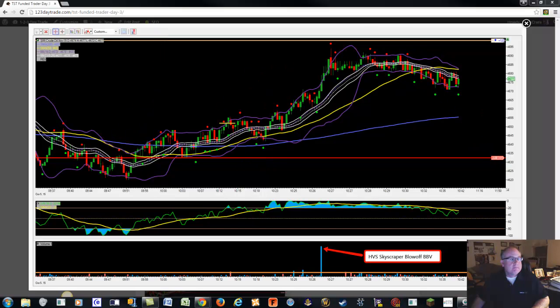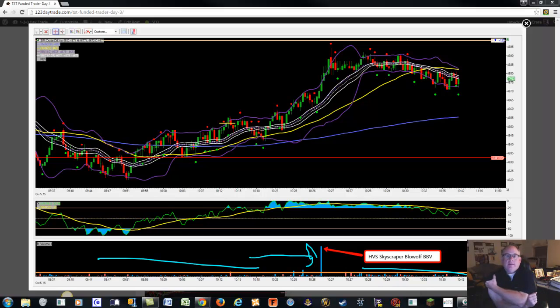What I mean by blow-off volume in a skyscraper is what you see down here below. Everything else around it is minuscule compared to it; it's very minimum in relation to the maximum here.